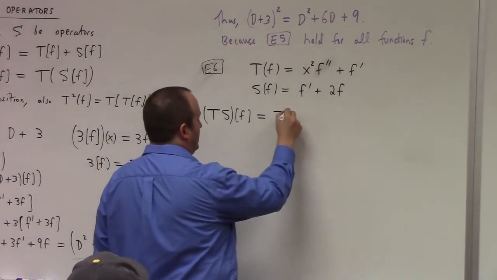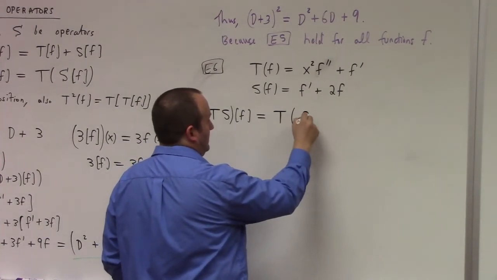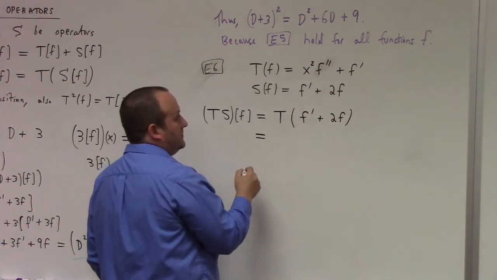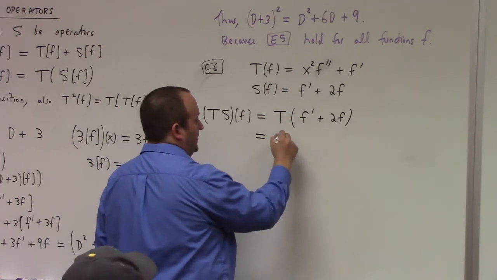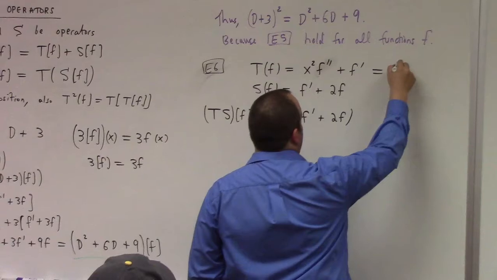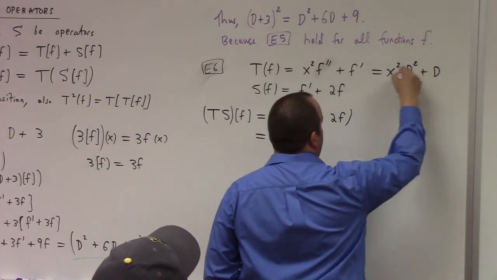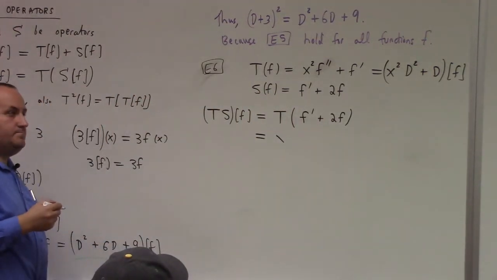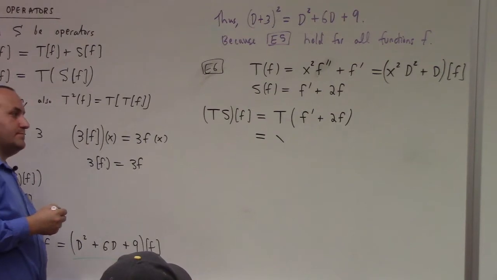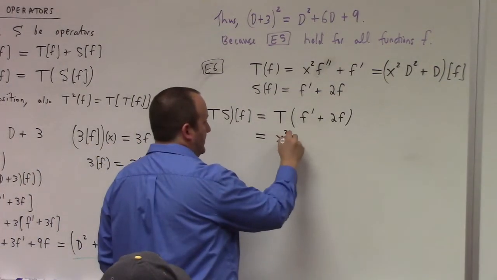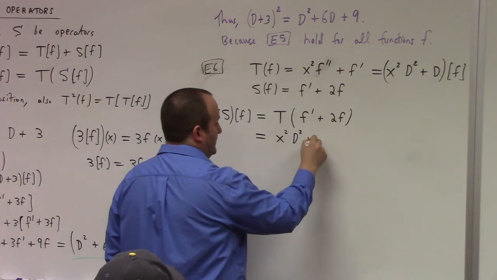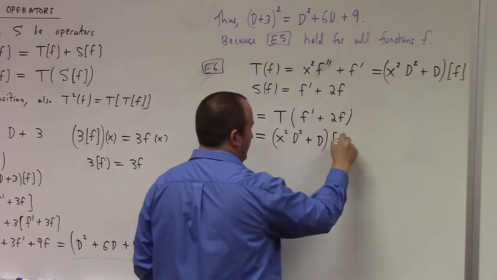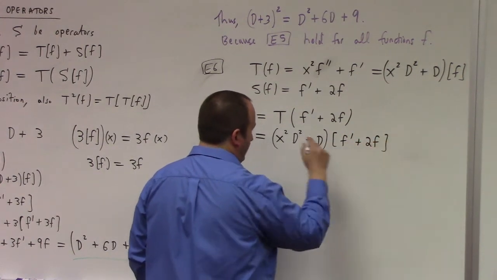So we're supposed to do T of, what was S of f? It was f prime plus 2f, right? What was T? We should probably rewrite this. This is really x squared d squared plus d acting on f, right? So we have x squared d squared plus d. That acts on, in this case, f prime plus 2 times f, right?